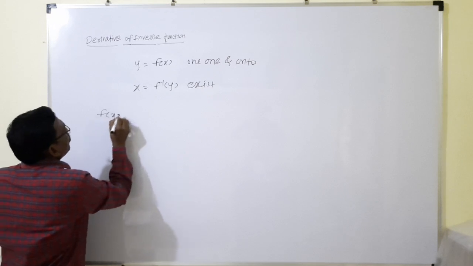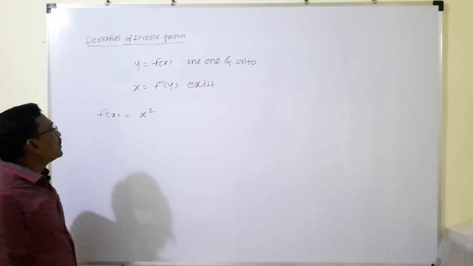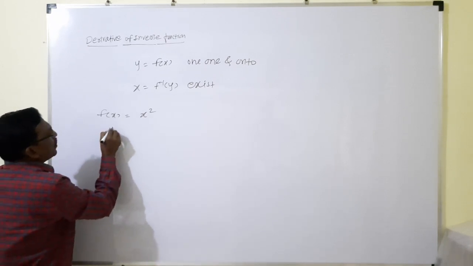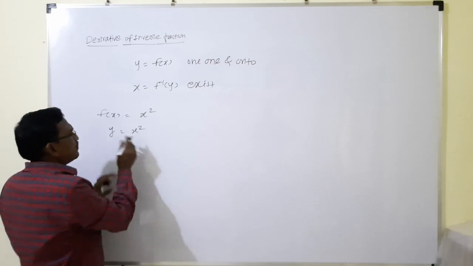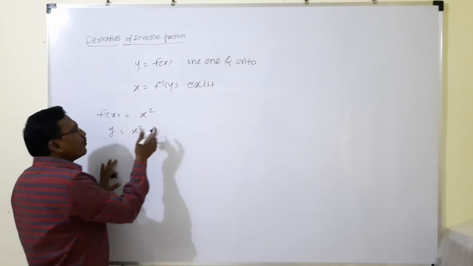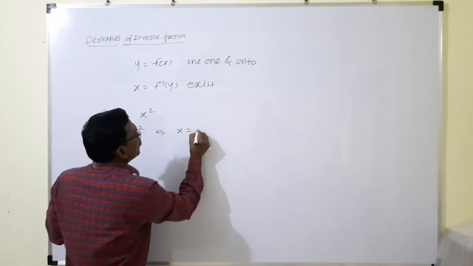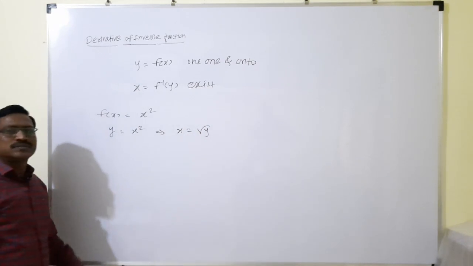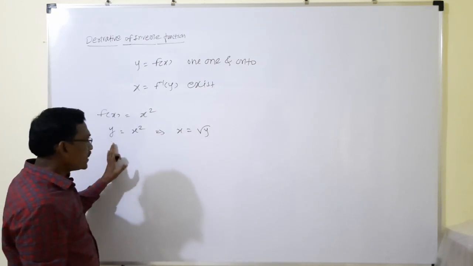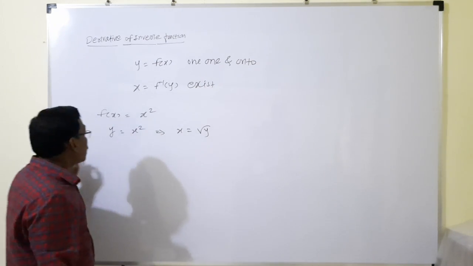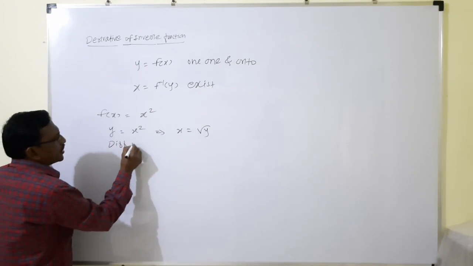Function f of x equal to x square. We take an example, that is y equal to x square. Now we take its inverse. If this function is one-one and onto, then its inverse implies x equal to root y. Now we take the derivative of both this function and its inverse function, differentiating with respect to x.